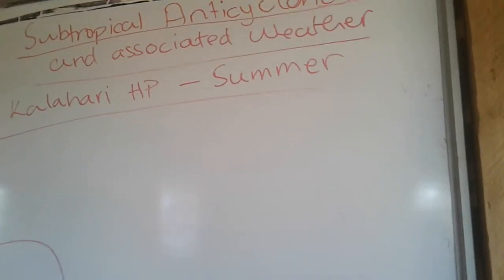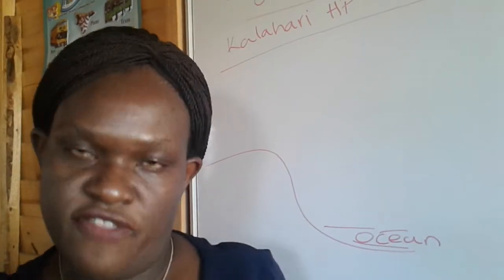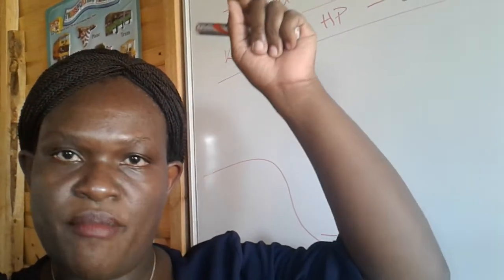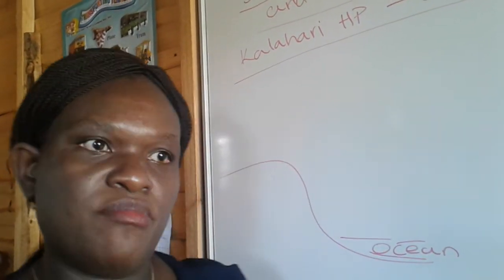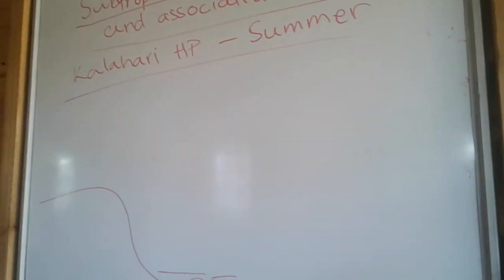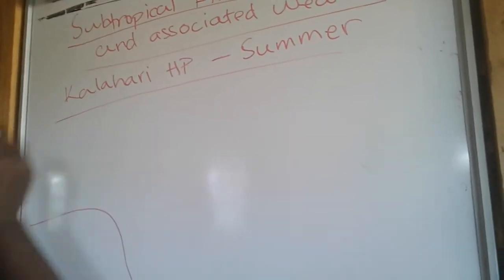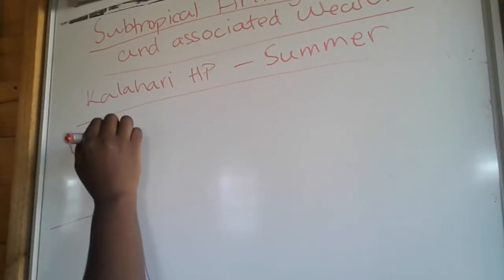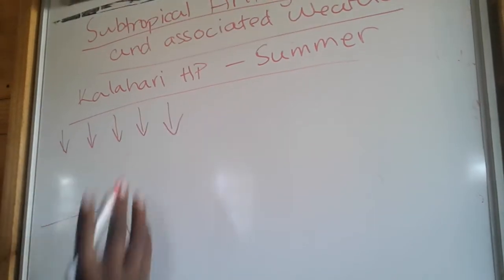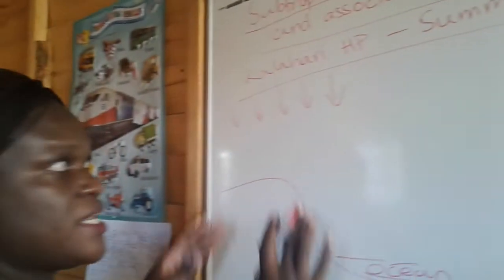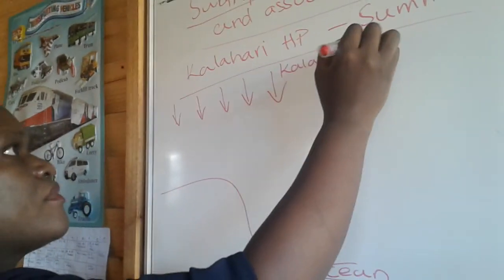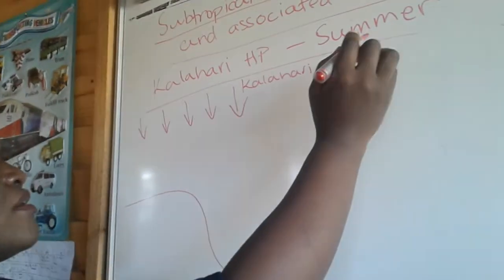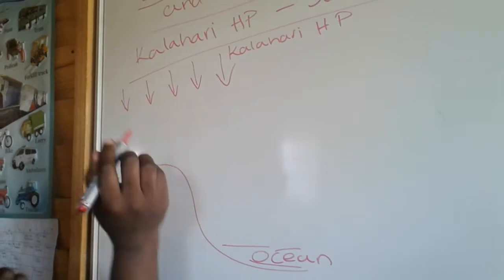You should know that its movement is basically vertical. In winter it falls below the escarpment because it is sinking, but in summer it moves up. Why does it move up? Because there's a lot of heating on the earth's surface, so air is rising. So our Kalahari high pressure moves in the upper levels of the atmosphere.